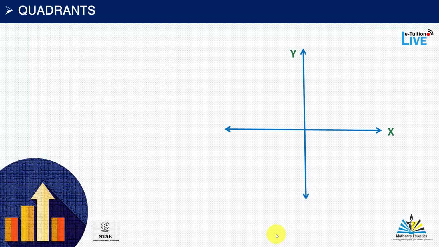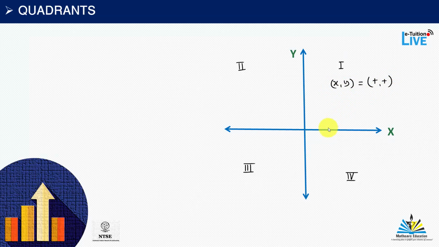There are 4 quadrants. This is the first quadrant, this is the second quadrant, this is the third quadrant, and this one is the fourth quadrant. In this case, if we think of x comma y, the signs of the point x and y must be plus and plus in nature.